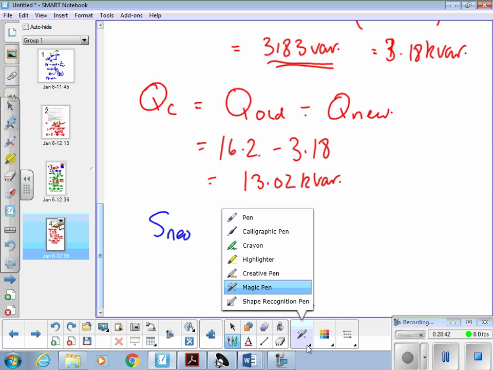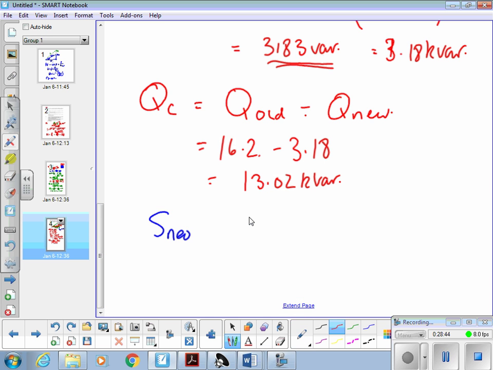Square root, yeah, that will be Q new, and P doesn't change.